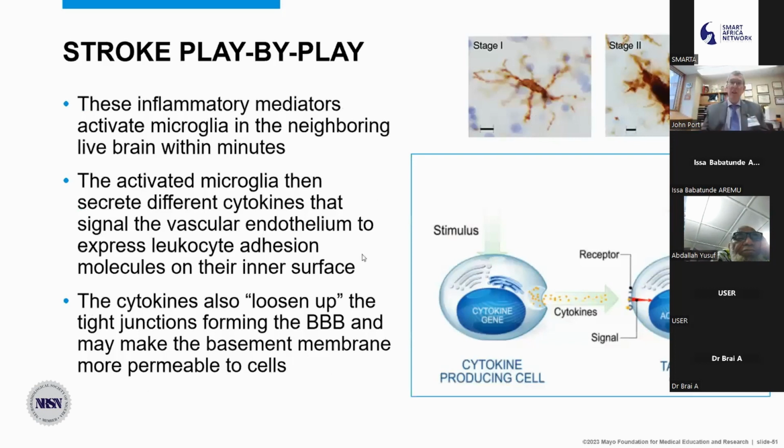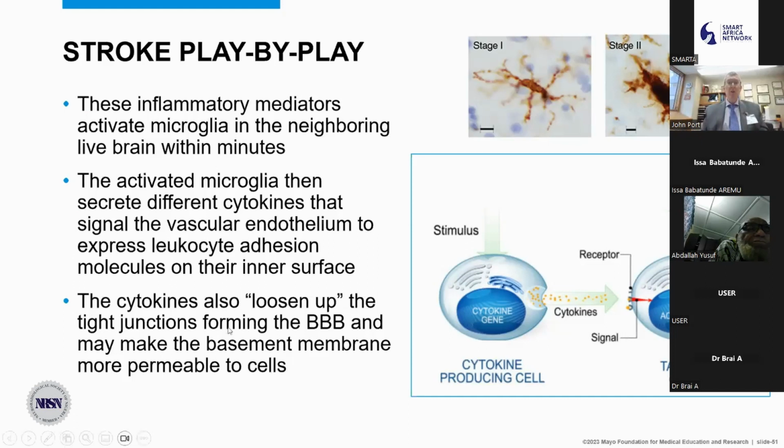And so here you can see on the top, an inactive microglia will jump into action. And within minutes, these microglia will secrete different cytokines that will signal your vascular endothelium to express something called the leukocyte adhesion molecule. So they tell the blood vessel, hey, I want you to put up these adhesion molecules so that the immune system can see us.